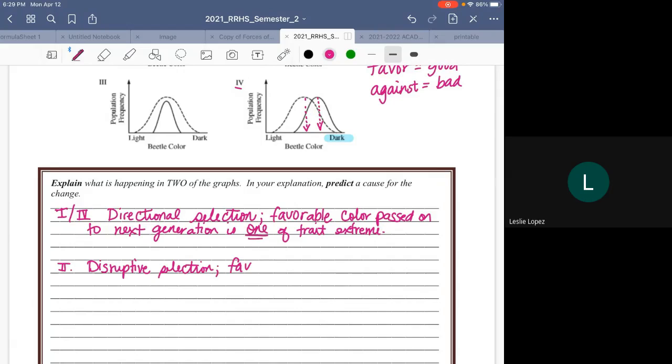So favorable dark and light color are passed on to the next generation. And in this case, it's that middle intermediate that is selected against.